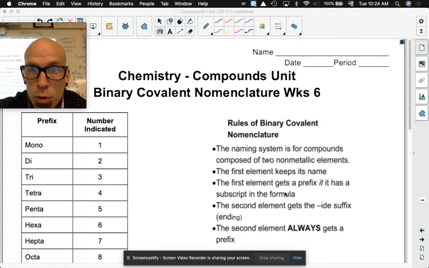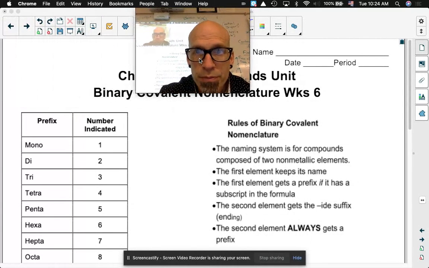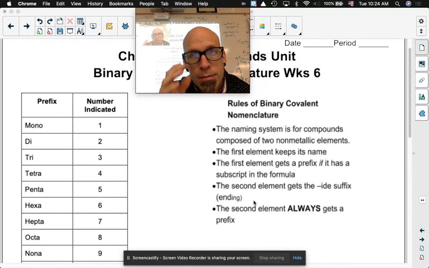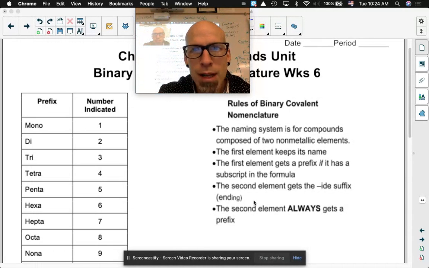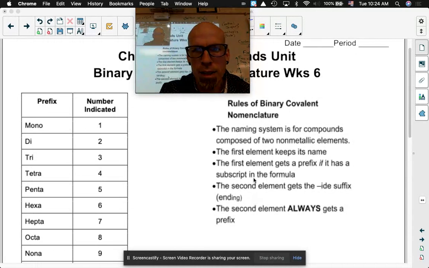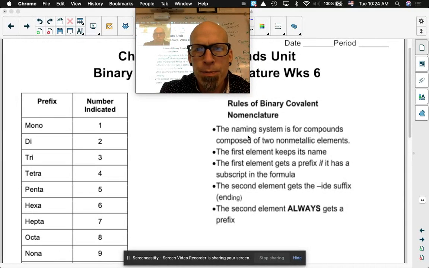Now, there's a list of rules here, and it's going to seem complicated and not even make sense probably until we just get in and start doing this. First of all, it says 2 non-metallic elements.